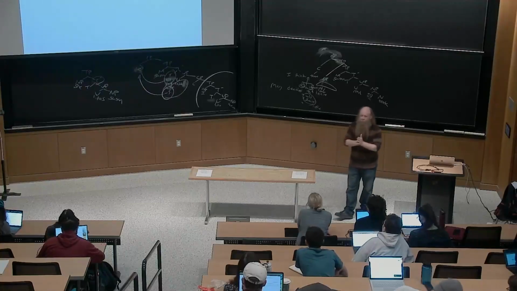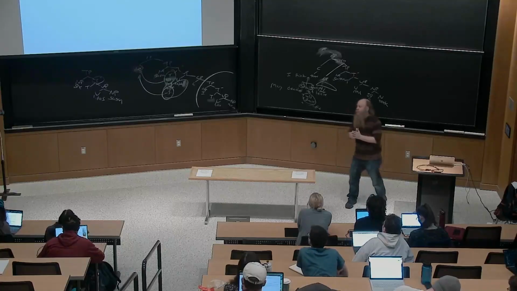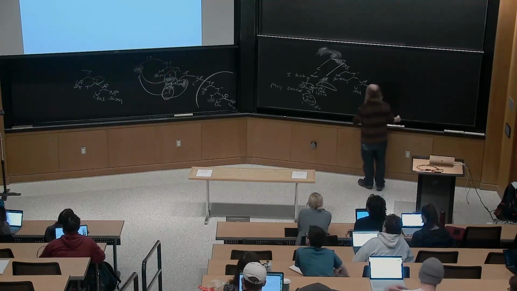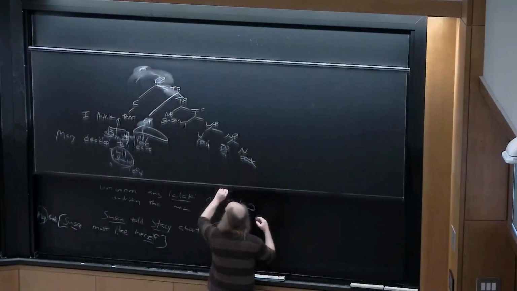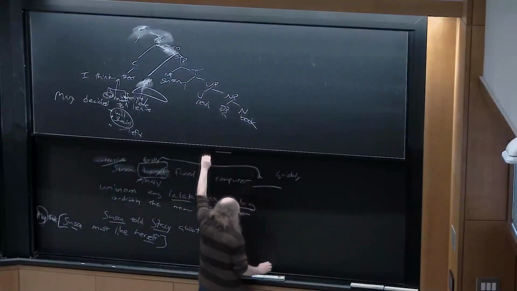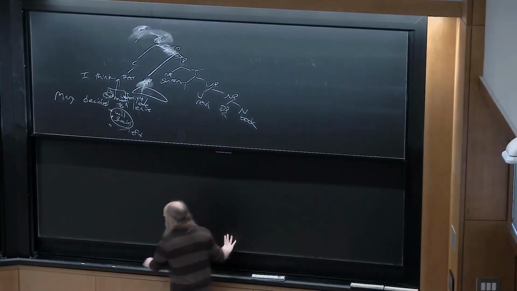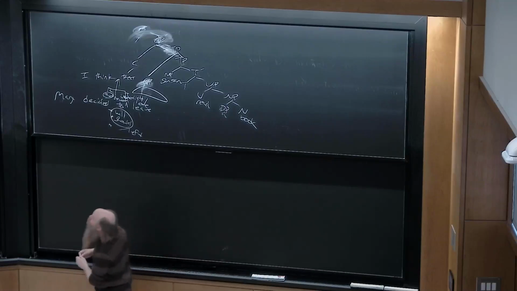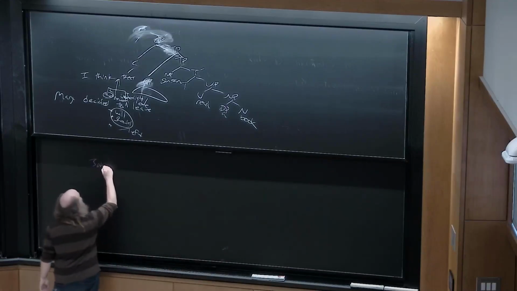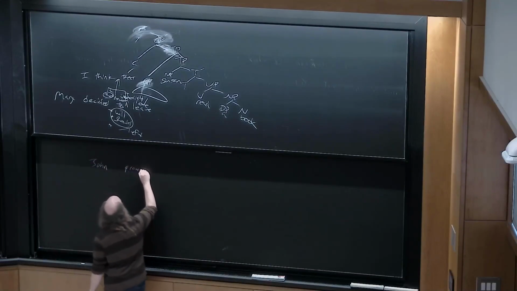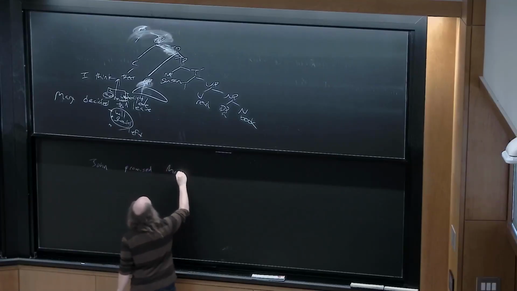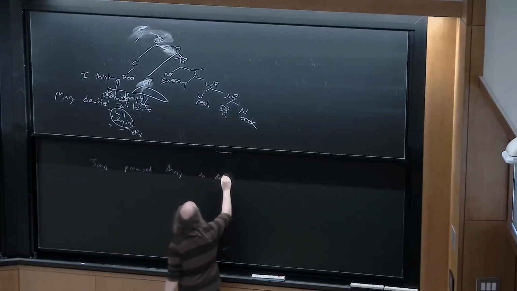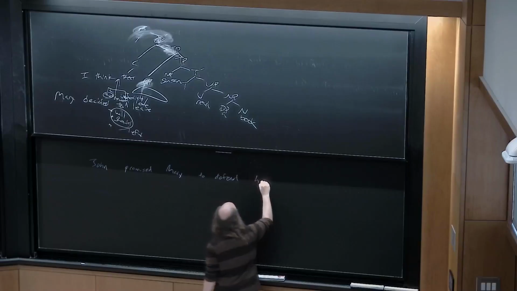Sentences with grammaticality judgments. I'm going to copy these sentences onto the board because I want to do various graphic things with them. And while I'm copying them, I'll ask you to look at those sentences and ask yourself whether you get these judgments. So, John promised Mary to defend himself.